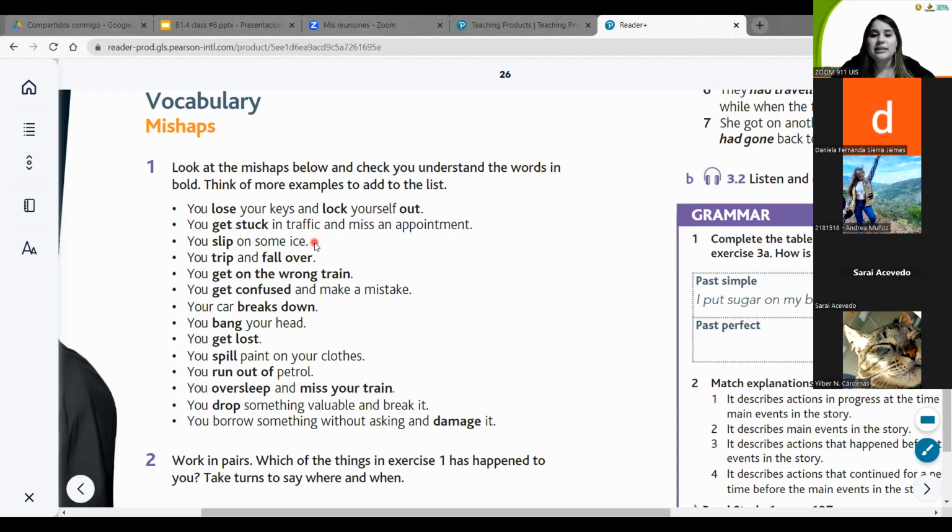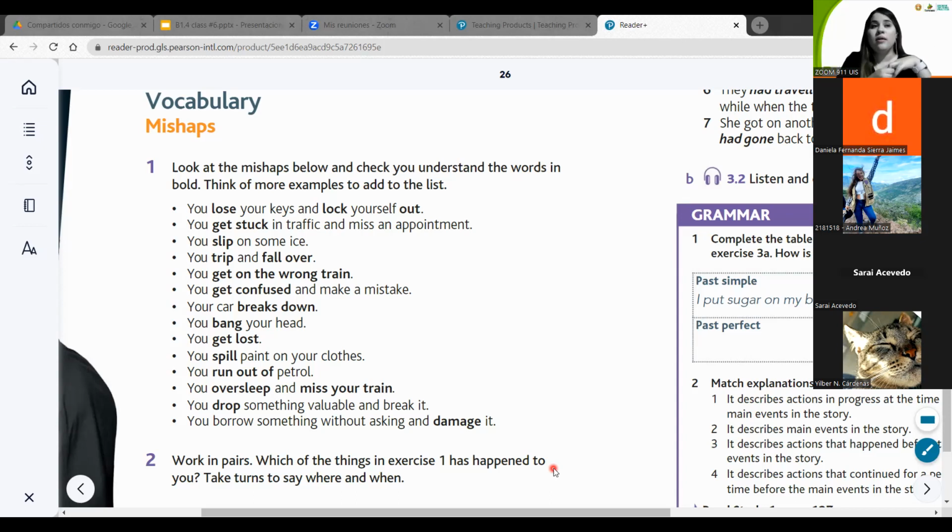You slip on some ice. Has it ever happened to you? Yes, it has happened to me on ice during winter in the USA. In winter it gets very slippery because when it snows and then the temperature goes up, but it's still negative degrees, like -1 or -2, and there is sunlight, the snow melts.